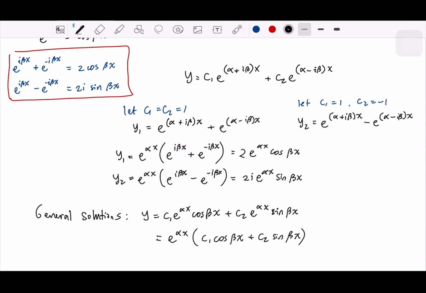Remember that alpha and beta, we are going to get those expressions from the complex roots. Every time we have this type of question, we are going to look at the auxiliary equation. The auxiliary equation uses m, the m squared plus something, and we need to define the roots from there, whether they are distinct, equal, or complex.